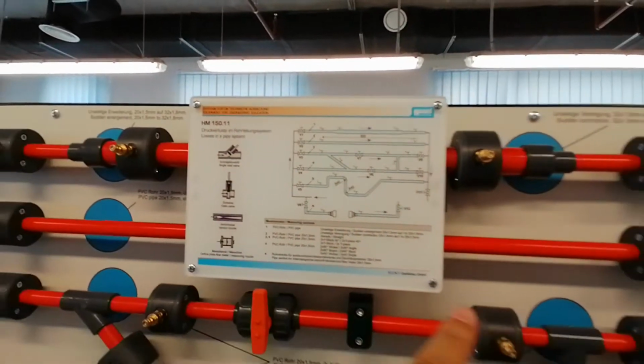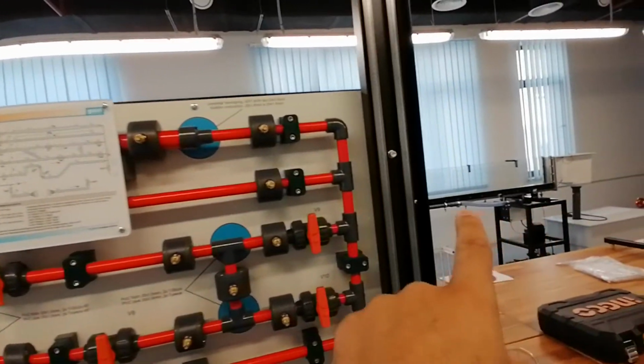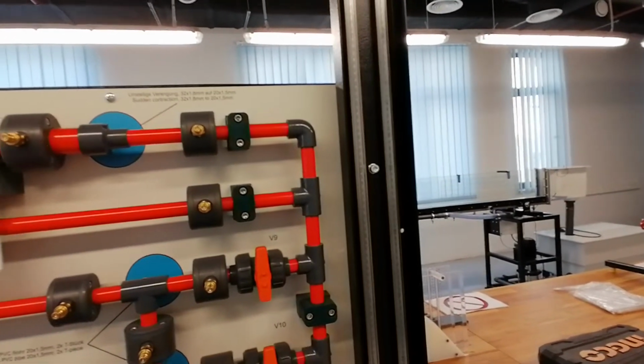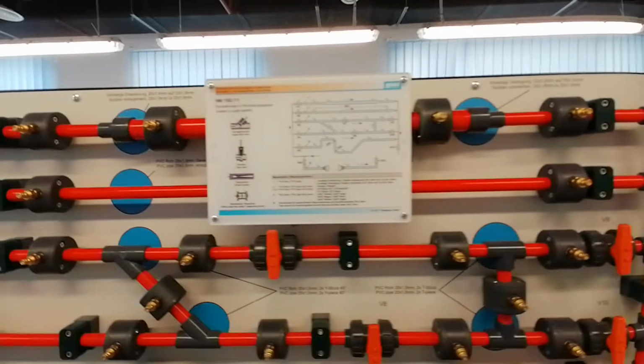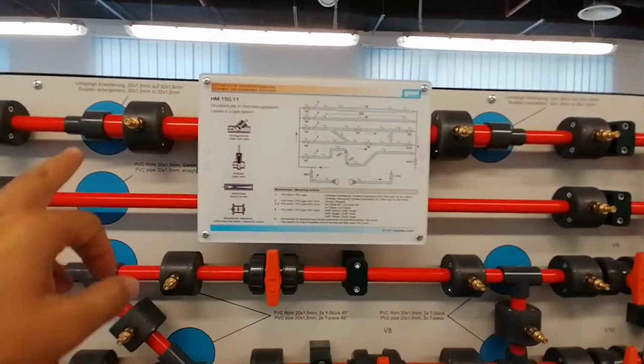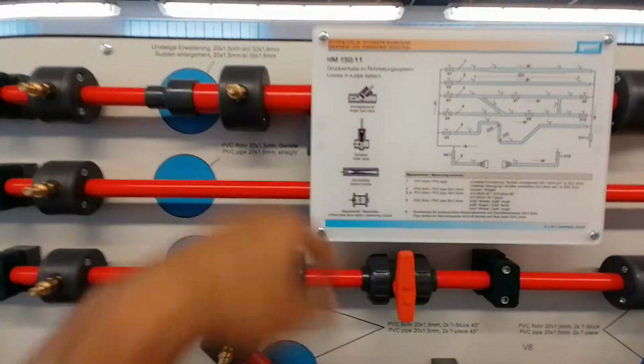So after observing the pressure difference, we can find the energy losses between those two parts of the pipe.